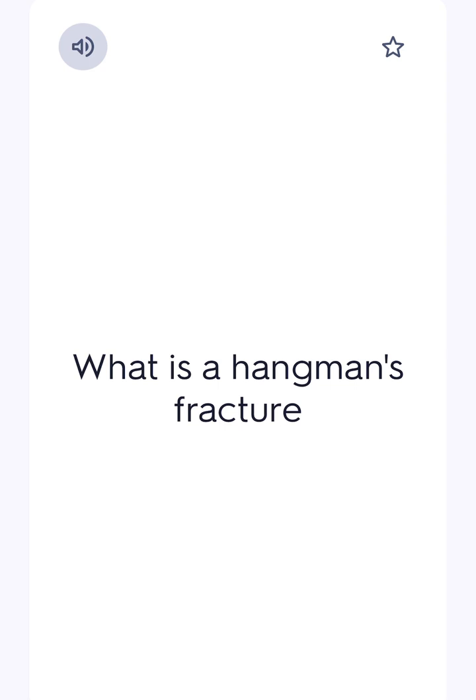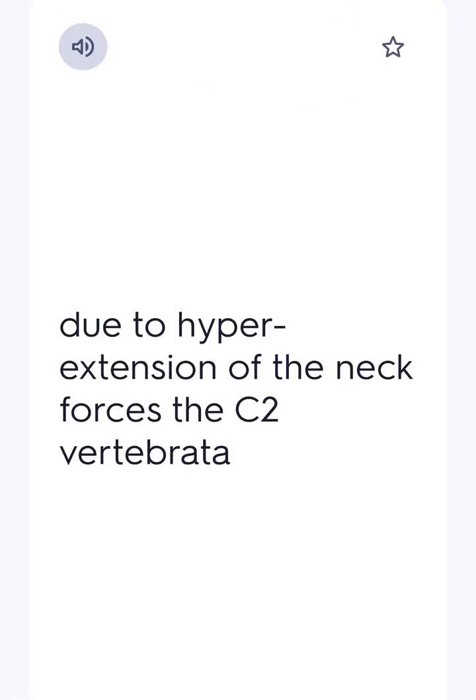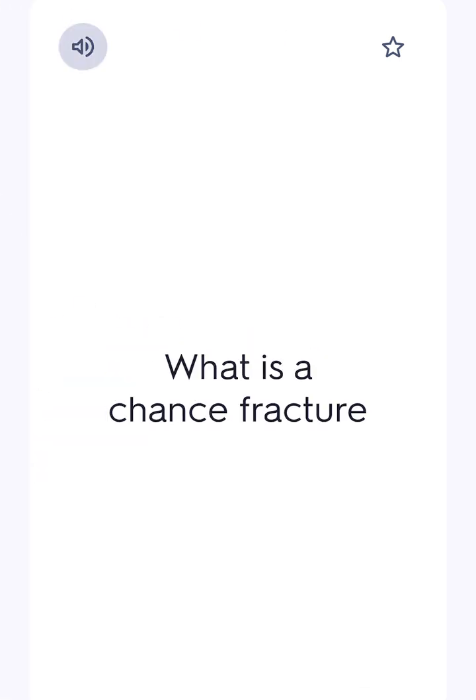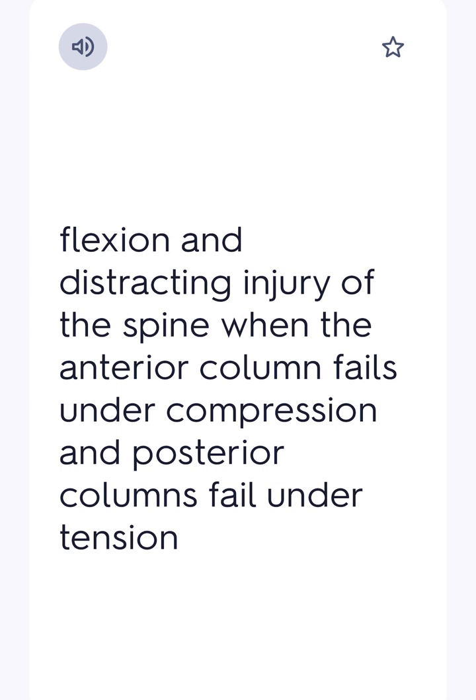What is a hangman's fracture? Due to hyperextension of the neck, forces the C2 vertebra. What is a chance fracture? Flexion and distraction injury of the spine when the anterior column fails under compression and posterior columns fail under tension.